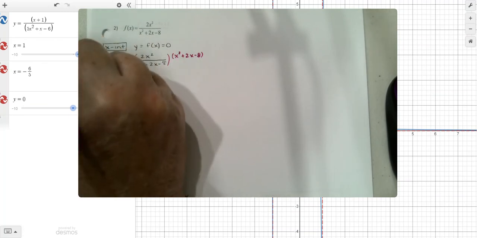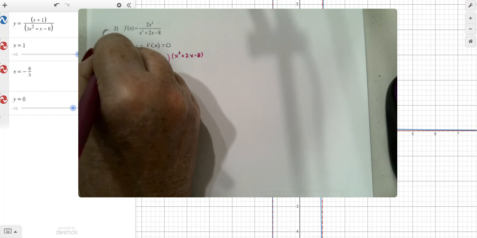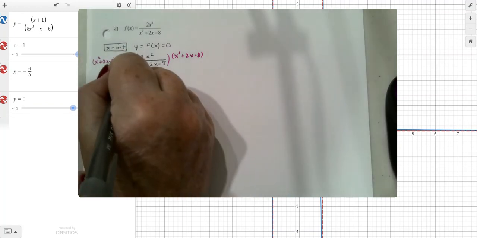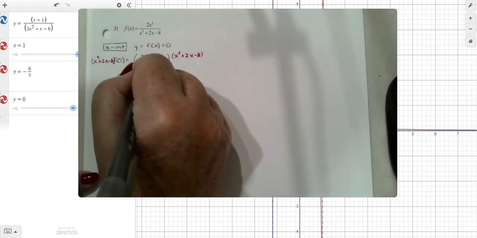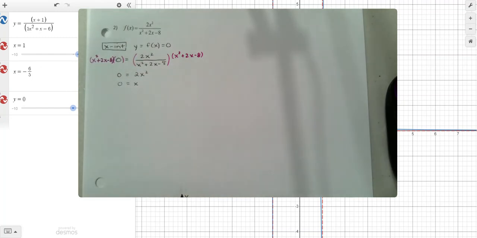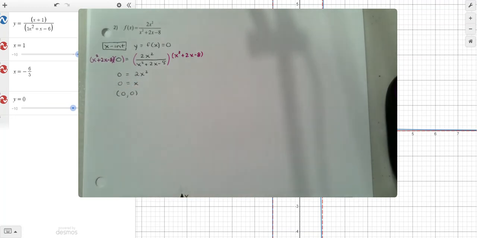Multiply both sides by the denominator. So we just end up with 0 equals 2x squared, which just tells me x is 0. So my x-intercept is the origin, 0, 0.